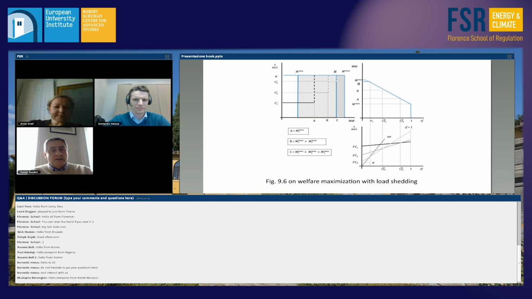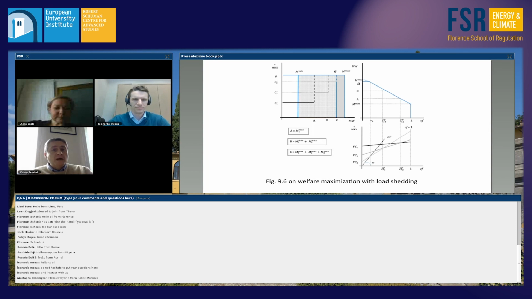The fact that load, electricity consumption, changes over time with a kind of systematic pattern over the day, over the weeks, over the year, and you can represent the inverse of the cumulative distribution of the energy consumed in a given period, for instance, in a year.